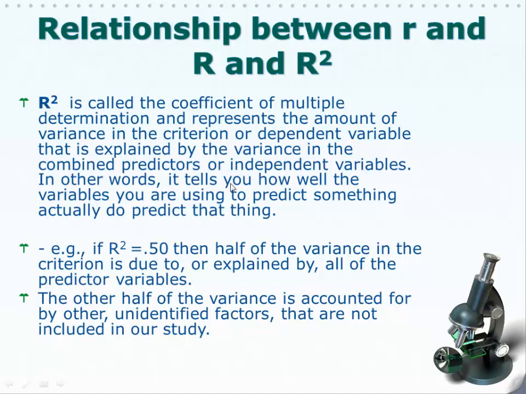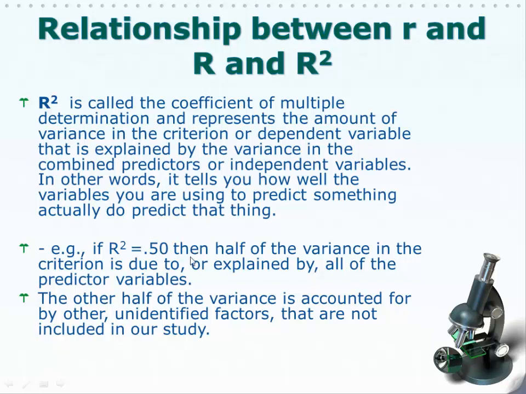In other words, it tells you how well the variables that you're using to predict something actually do predict that thing. So a higher R squared means that you're predicting more, that the variables you have selected are better predictors, and a low R squared means that they are not predicting much of the variance. So they're not being very effective predictors.